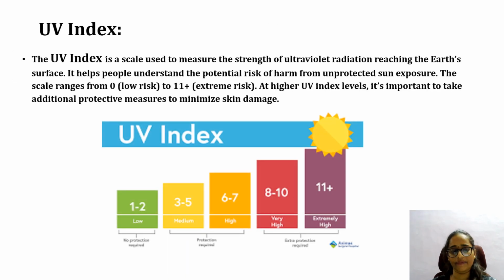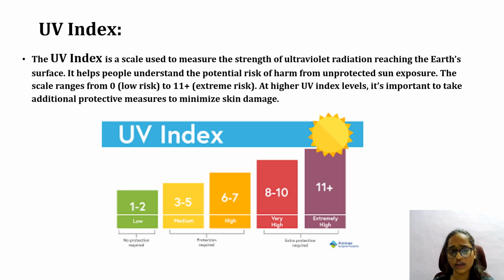UV index. The UV index is a scale used to measure the strength of ultraviolet radiation reaching the Earth's surface. It helps people understand the potential risk of harm from unprotected sun exposure. The scale ranges from 0 to 11 plus.